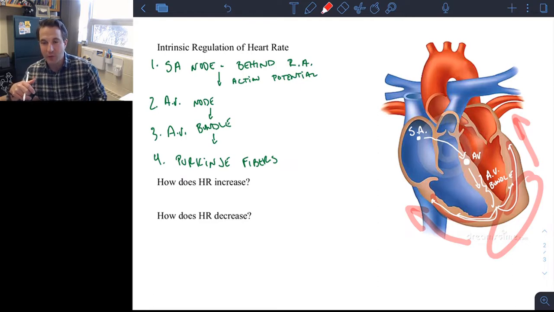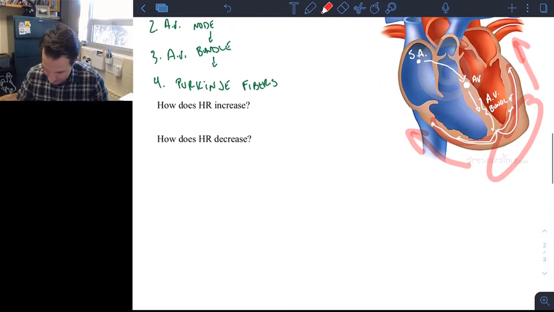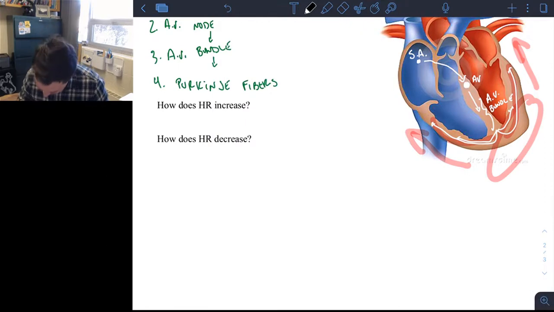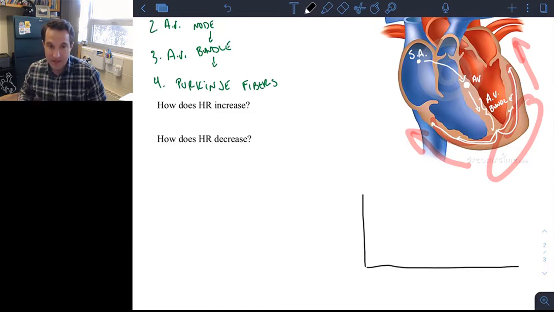Now, if we want to talk about how heart rate increases or decreases, we need to draw a figure to start that out. So, let's draw this guy right here. And on our y-axis, we're going to have percent activation.